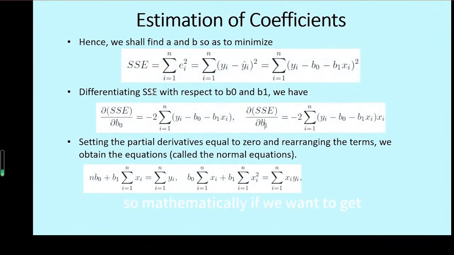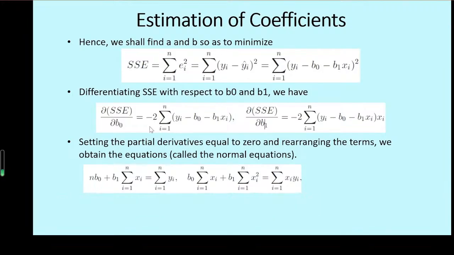So mathematically, if we want to get the SSE, we can write this form. The difference between y, the observed value, and the fitted value, then take a square, then sigma over all observations. Then we differentiate SSE with respect to b0 and b1, because we want to estimate these two parameters.